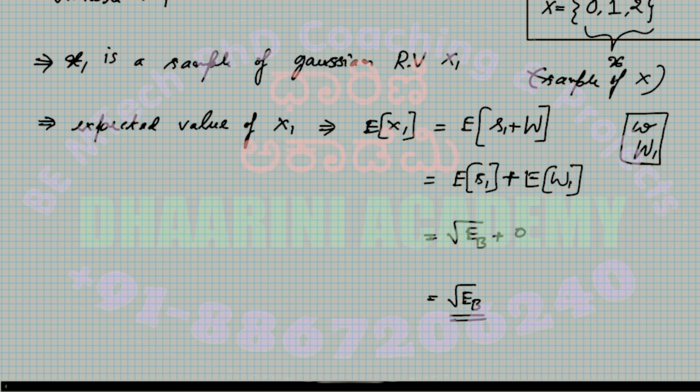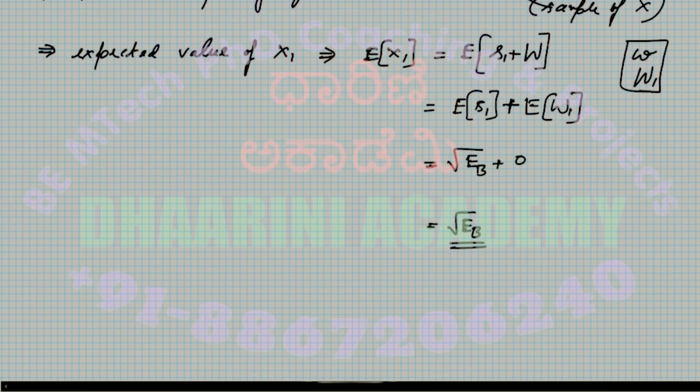All right. Similarly, we will calculate the variance. So this is the mean. Also this implies the variance of x1 is how much it varies. It's a measurement of the variation of any variable.